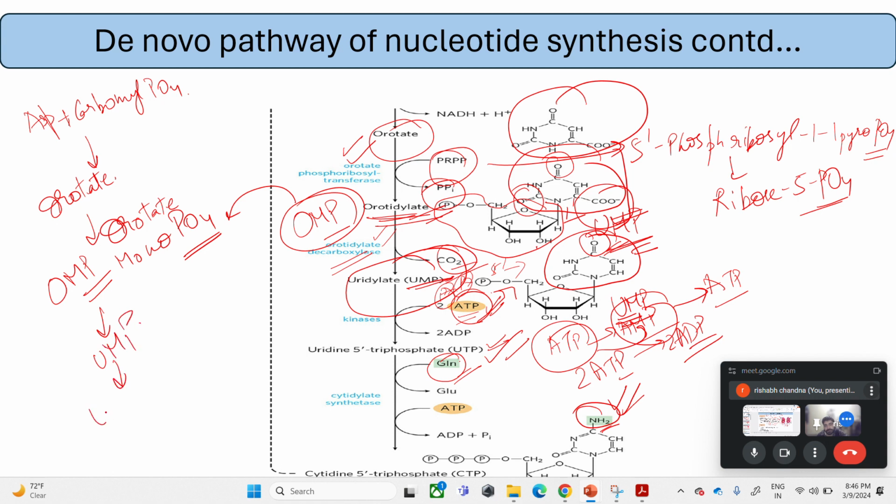UMP forms UTP, and UTP forms CTP. So you need to remember the sequence that first UMP or the monophosphates are formed, and then it converts into triphosphates.